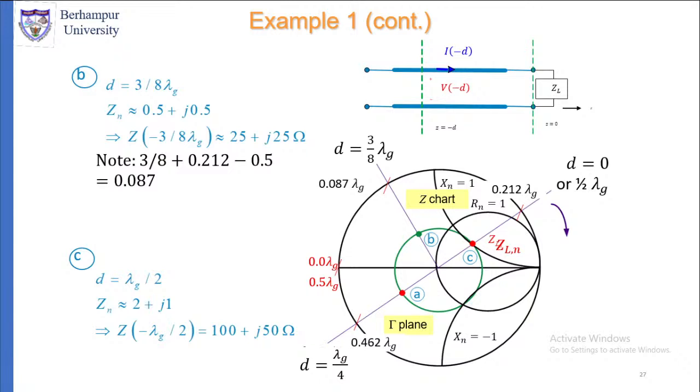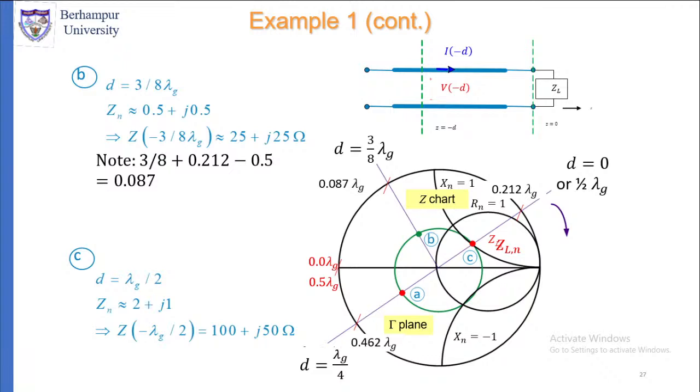To account for that, we find out what is the distance that you have covered up to the point ZLN, that is 0.212 lambda g. Look at the Smith chart perimeter towards the generator.